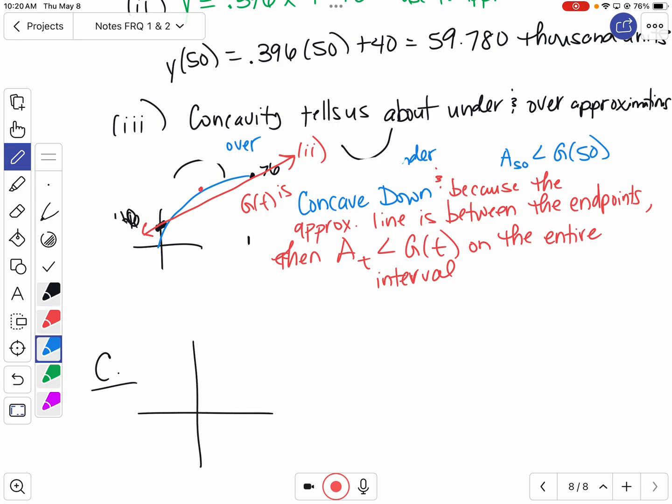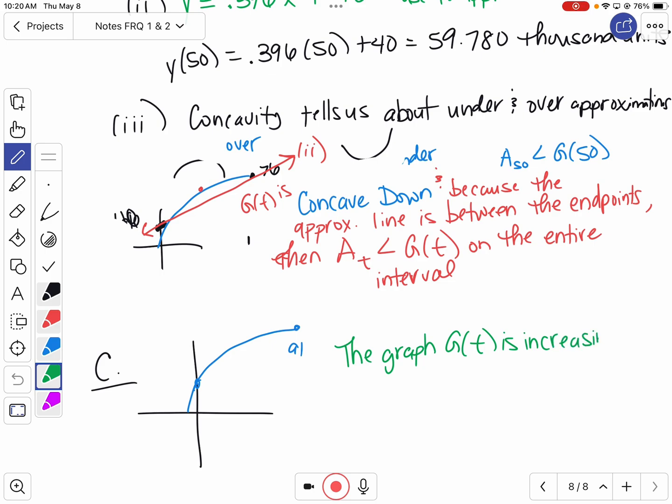We know it's concave down. After 91, we know the graph of G of t is increasing. But it's also concave down, so how's it increasing? At an increasing or a decreasing rate? At a decreasing rate.